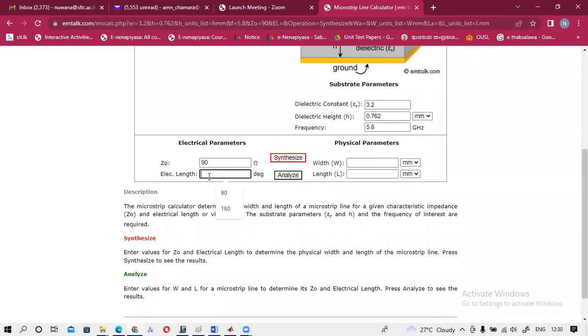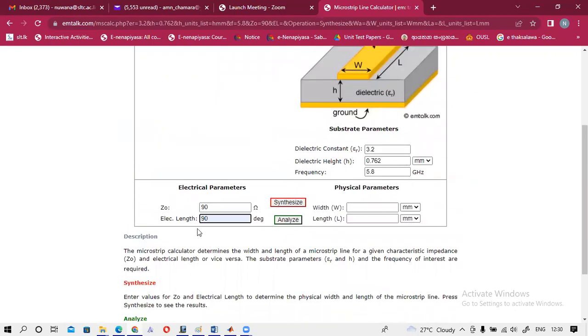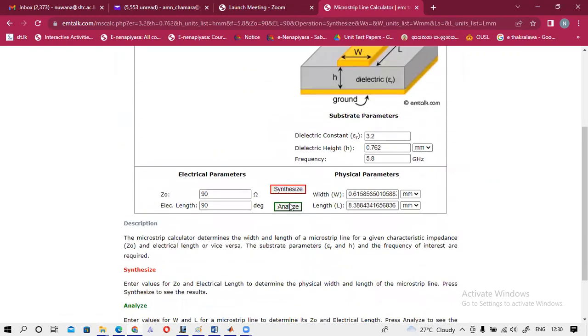Let's put 90, but it is not related with our calculation, though we have to put that value also. Then we are given a width.